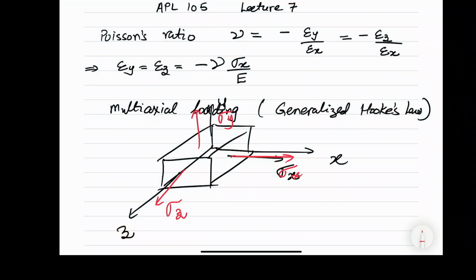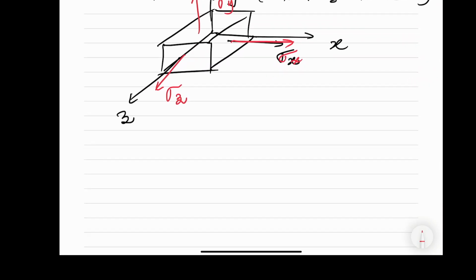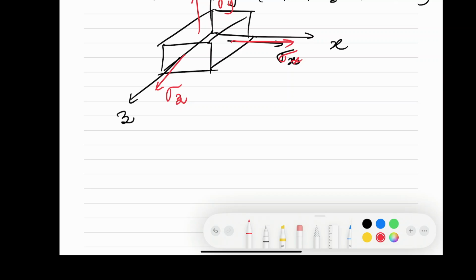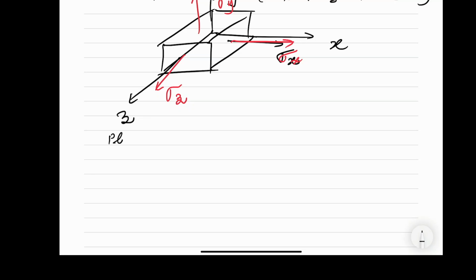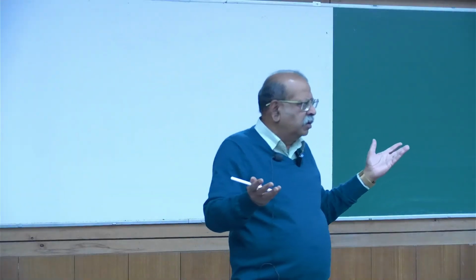So let's try to plot a Mohr circle for this. Let's assume, it need not be like this, they can be in any order.